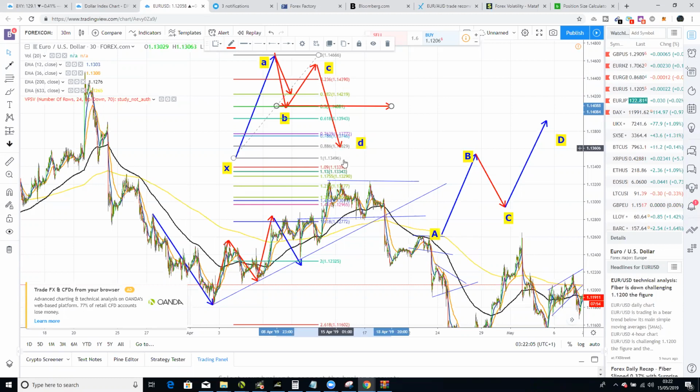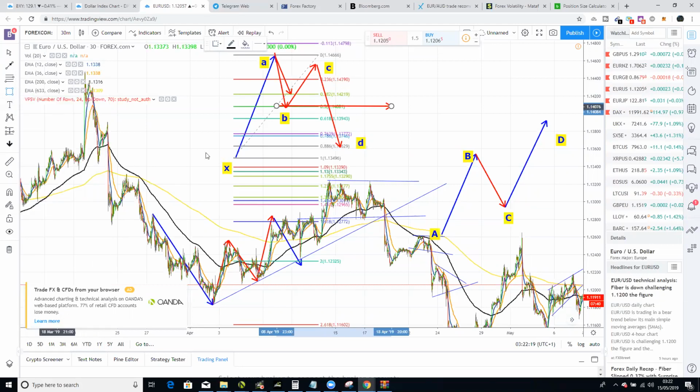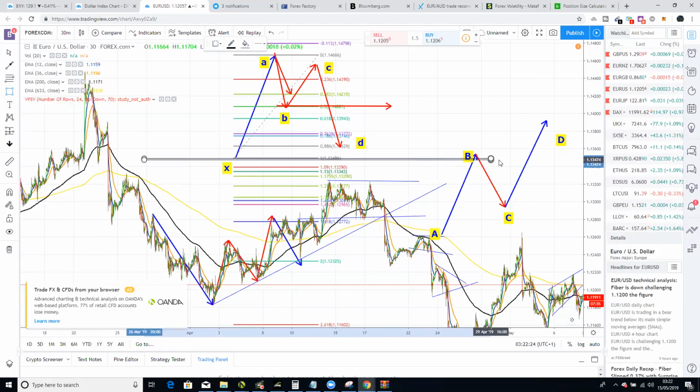All right, so while they are doing that, the smarter ones who have done a little bit of due diligence understand that this X level, which is the beginning of the move, has to be an area of important support. If this X level is not an area of important support, then there's no need for you to be looking for even your D point over here.